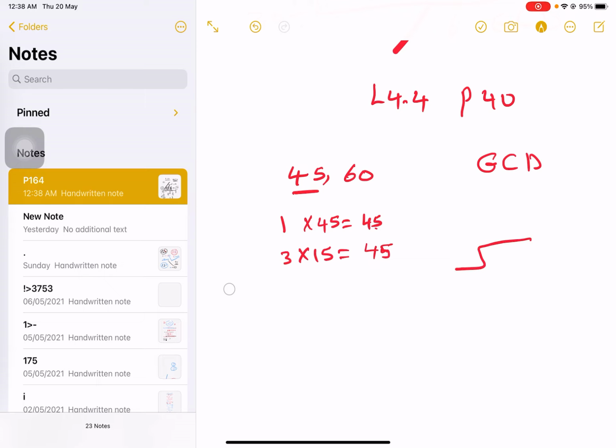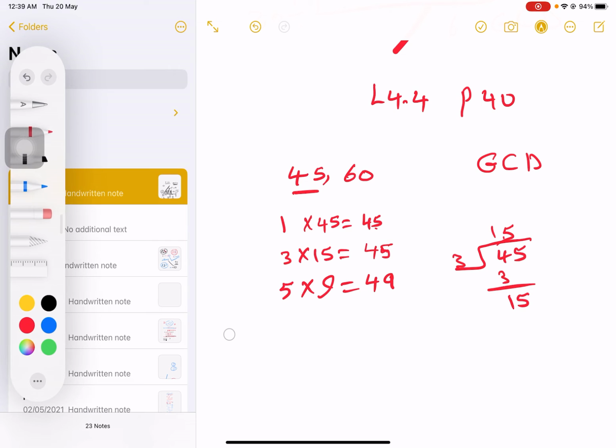If you do long division, 45 divided by 3 is 15. Now 4 is not a divisor of 45. 5 multiply 9 gives you 45. Finish. These are the divisors of 45.